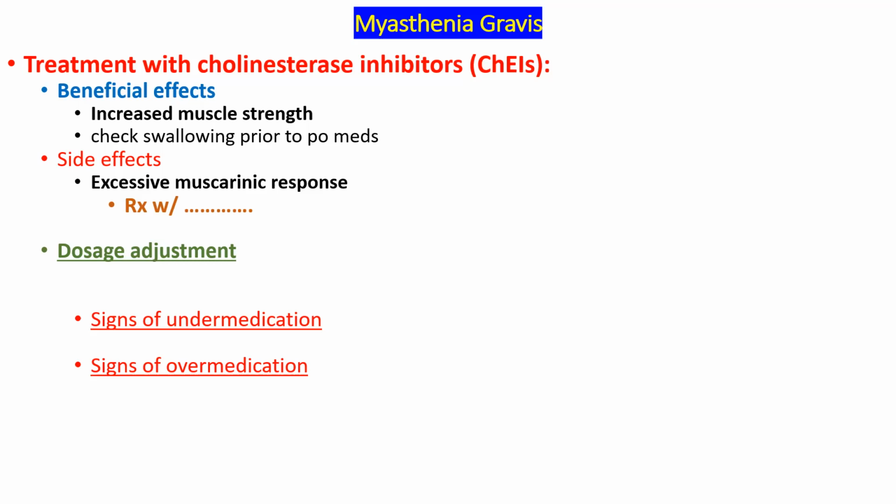So we have to modify the dosage and the timing of administration in anticipation of exertion or any activity. Signs of undermedication: ptosis and difficulty swallowing. Signs of overmedication: excessive saliva.